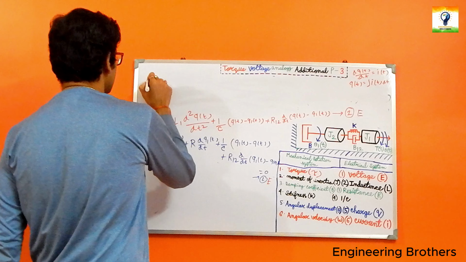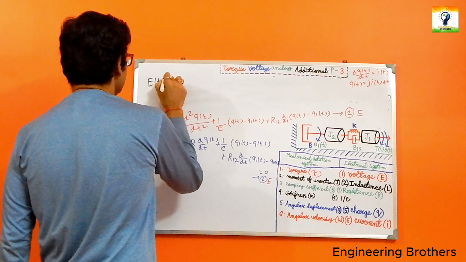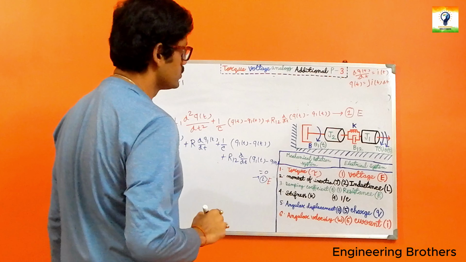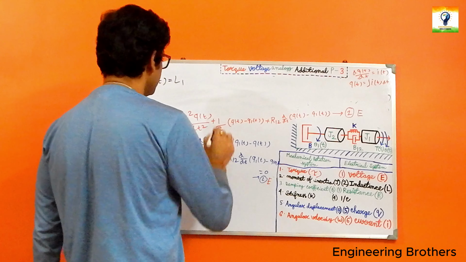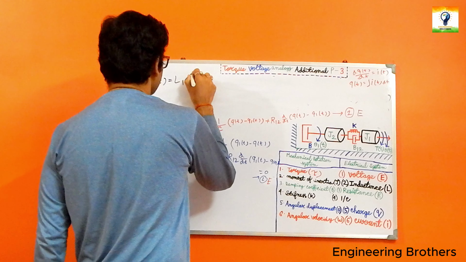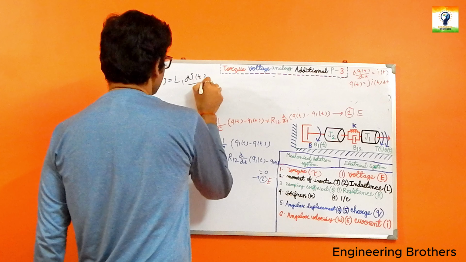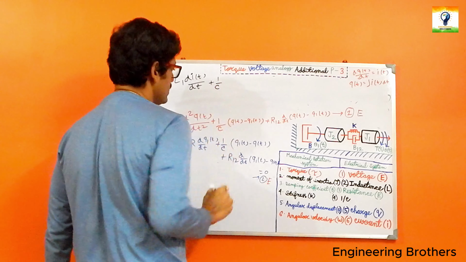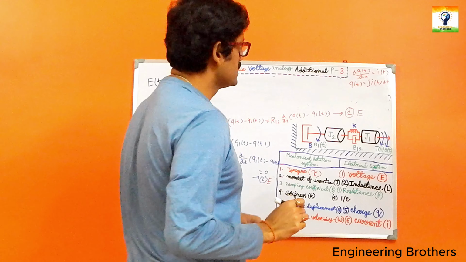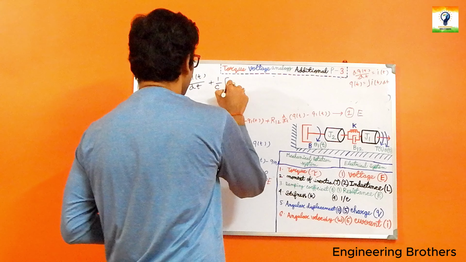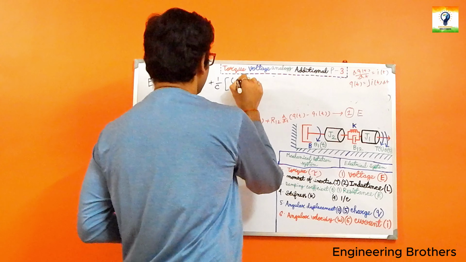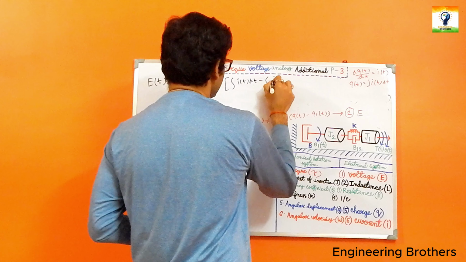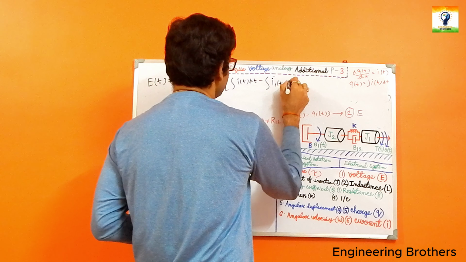The first electrical equation will become e(t) is equal to L1 times di(t) by dt, plus 1 by c times q(t), which is the integration of i(t) dt. So inside our bracket, I have the integration of i(t) dt minus the integration of i1(t) dt.